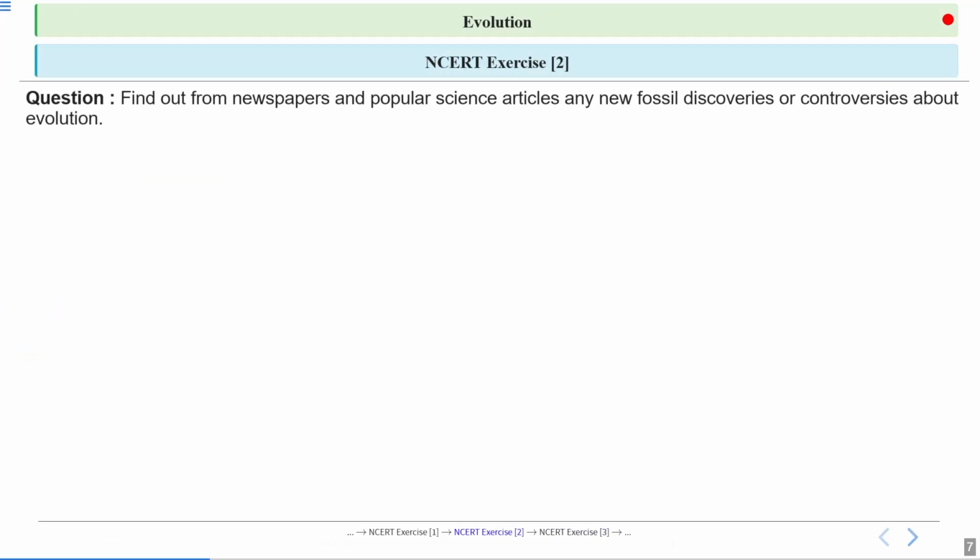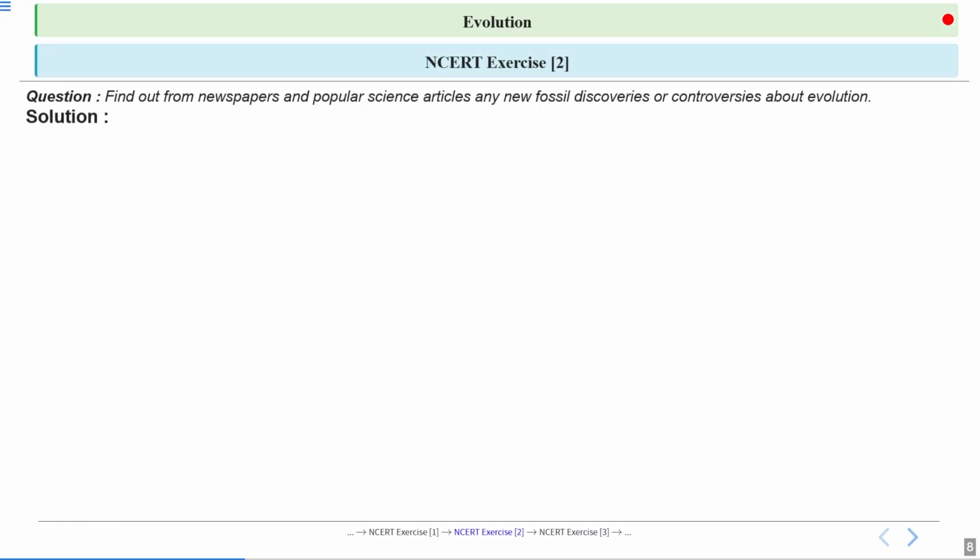Next question: find out from newspapers and popular science articles any new fossil discoveries or controversies about evolution. Let's have a look at the answer. First is fossil discoveries and evolution controversies. These are integral to the scientific process.